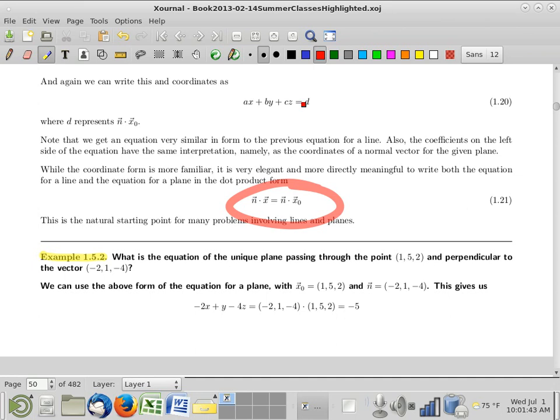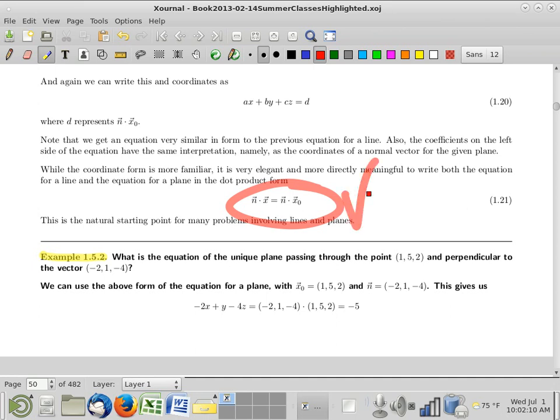We're going to be given points, and I want to find the plane that's parallel to this line and goes through that point and perpendicular to this other thing. And so we're going to be given geometric information about the object we're looking for, and this explicitly tells you what to do with what particular geometric things, namely what's perpendicular to the plane and what's in the plane. So this is arguably more geometrically natural.